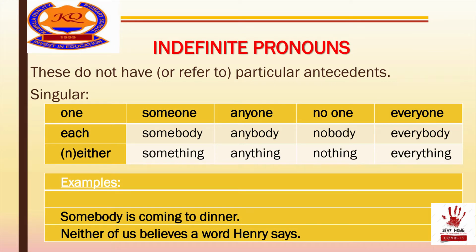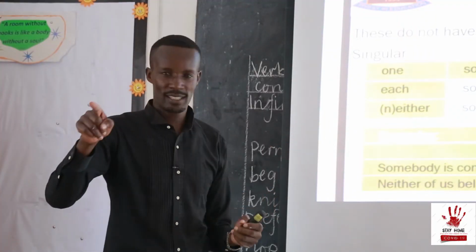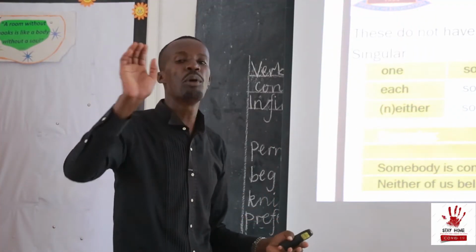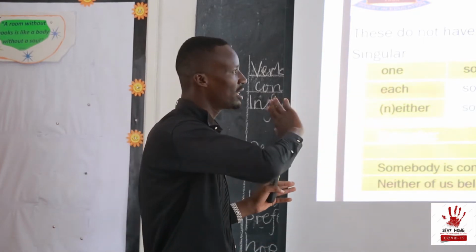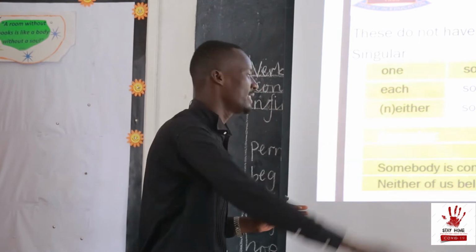So these are all examples. You can look at them. No one, everyone, nothing. We have the either and neither. It is also part of them. Both. We have also both. All those are indefinite pronouns. They do not refer to particular antecedents.